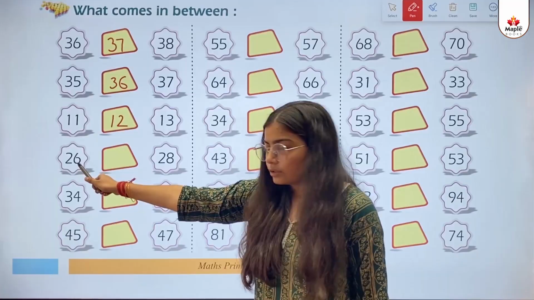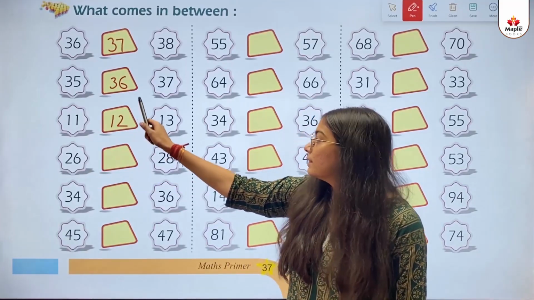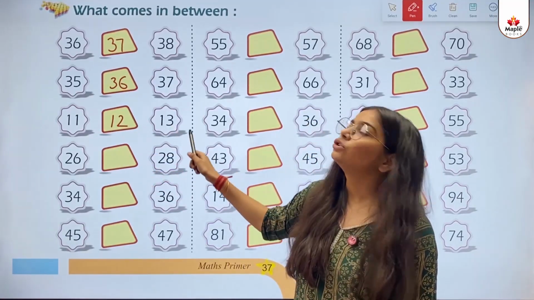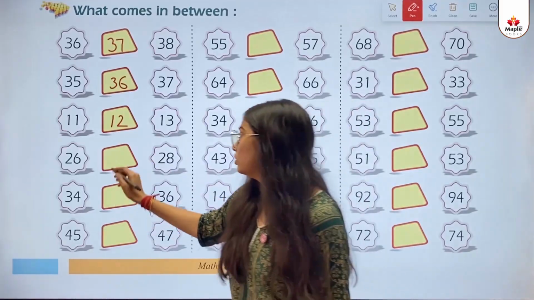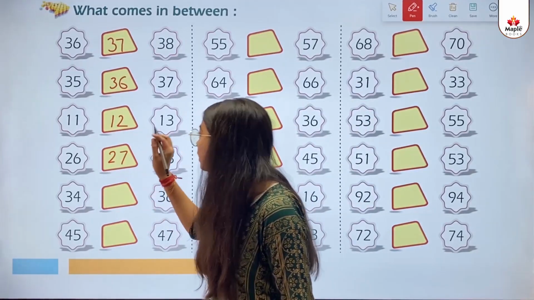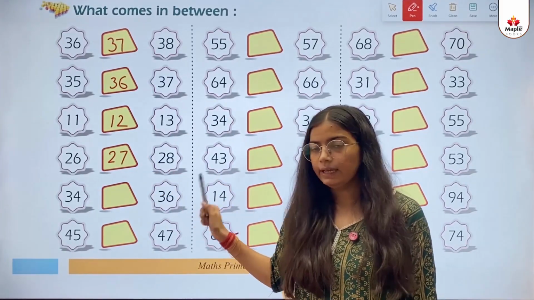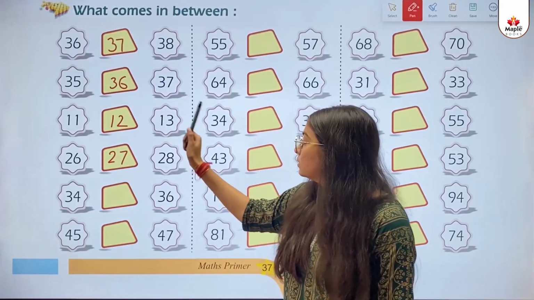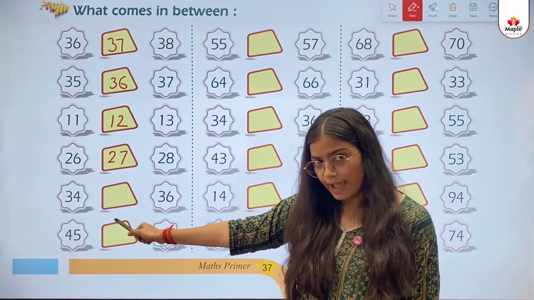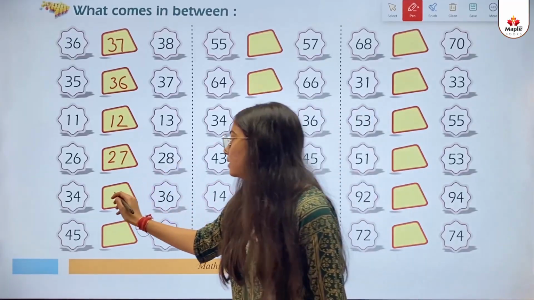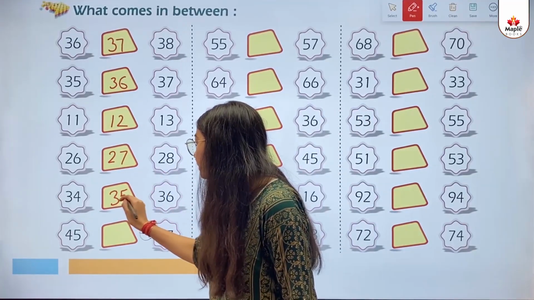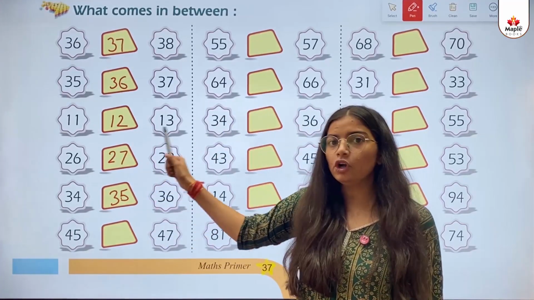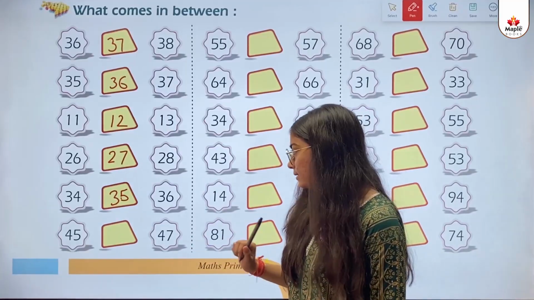Then 26 is given. Then 27, 28. So 27 comes between 26 and 28. Then 34, 35, 36. 35 comes between 34 and 36.